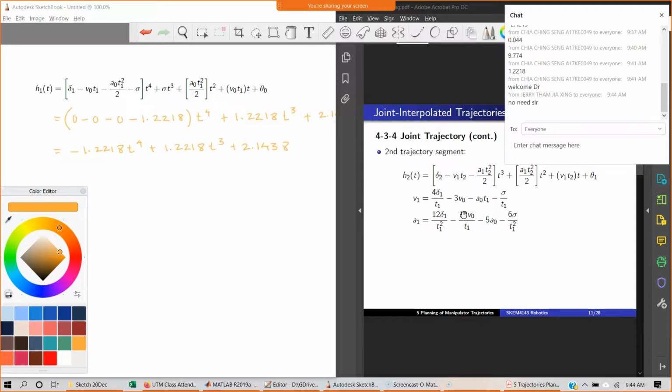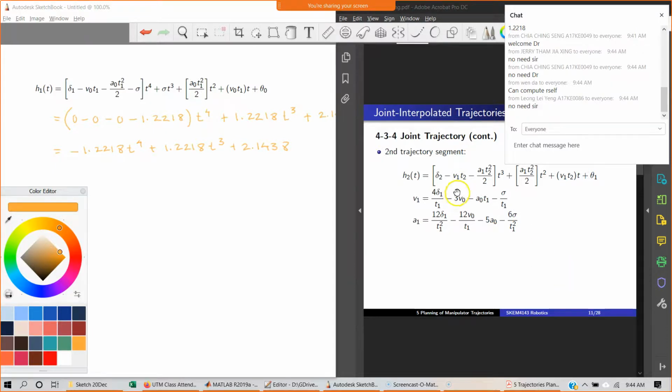Jerry says, no need, sir. Thank you, Jerry. Very kind of you. How about anyone else? No need, can compute. Yeah, very good. Because it's very simple. This is just arithmetic, right? Just substitute and compute.